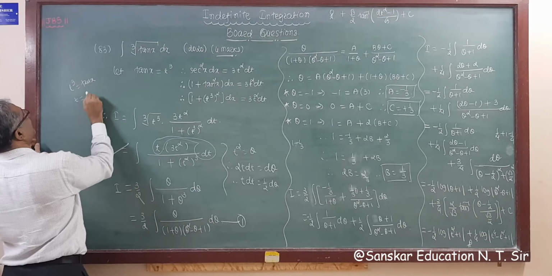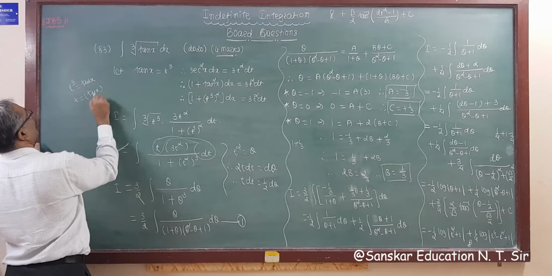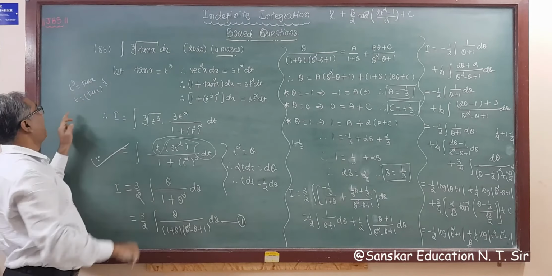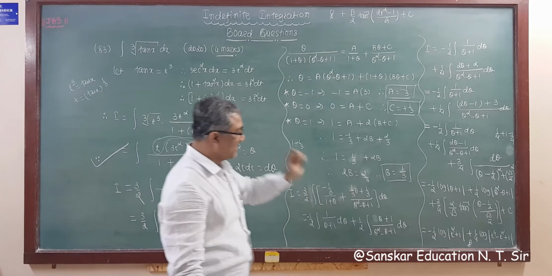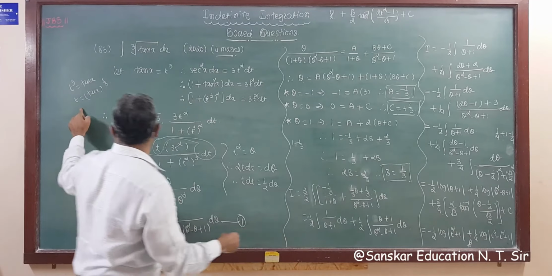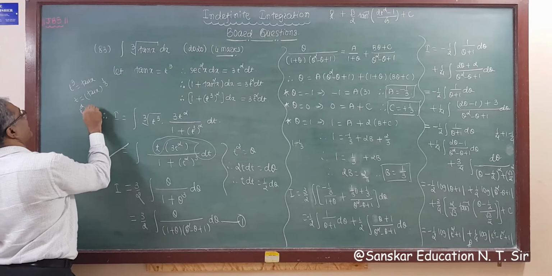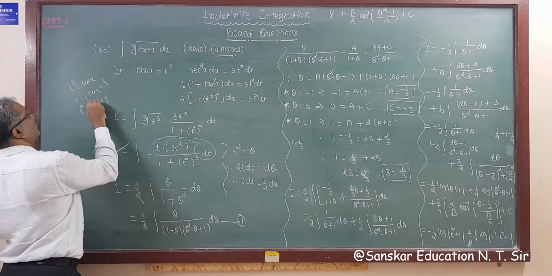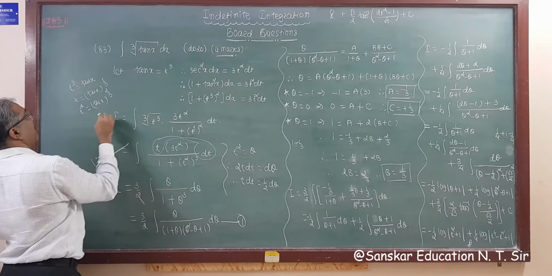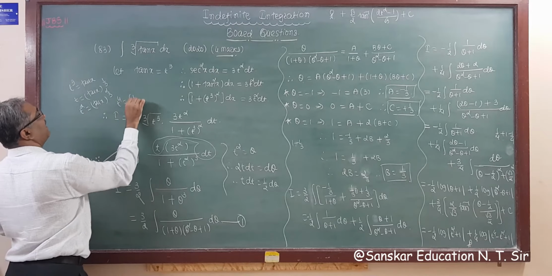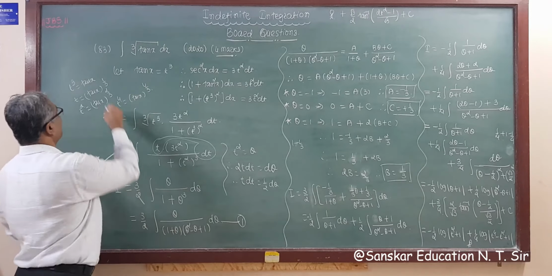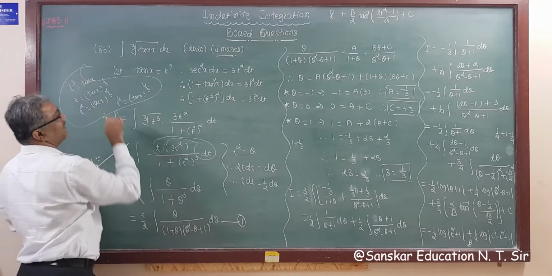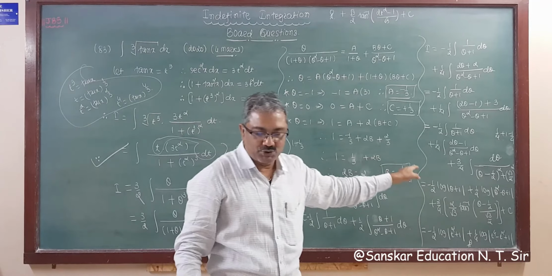So what is t? t is tan x raised to 1 upon 3. So t square will be tan x raised to 2 by 3, and t raised to 4 will be tan x raised to 4 by 3. That is the answer you have to write instead of t square and t raised to 4.